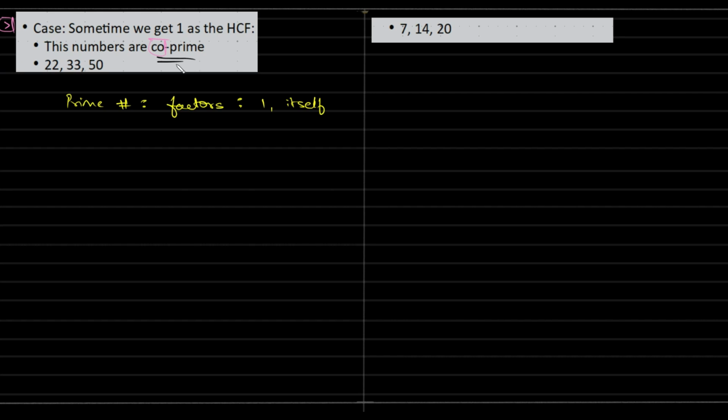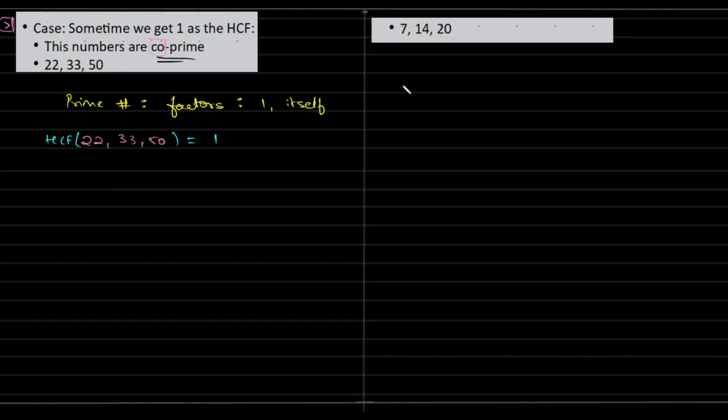Now coprime has to do with the factor between numbers. If it's 1, then they are said to be coprime. Example: 22, 33 and 50. When we find the HCF between them, we get to know that the HCF is just 1, and that's it.